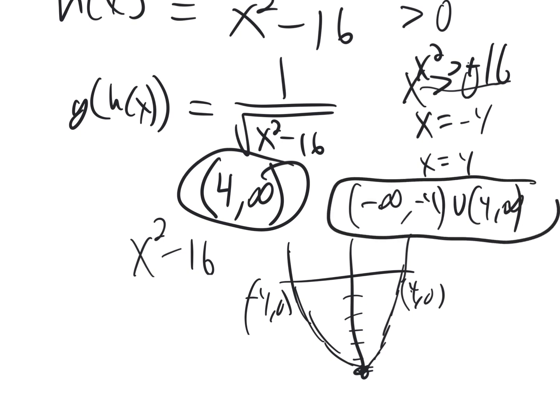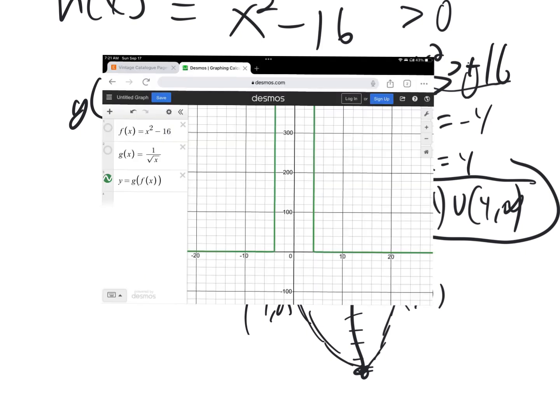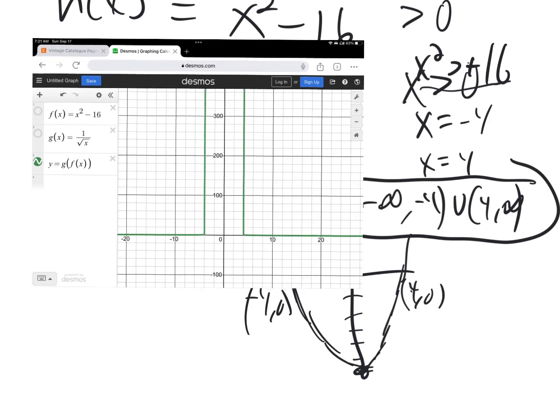I suspect that's going to be the answer. When I graph the composite function on Desmos, it does agree with my second decision that the domain is -infinity to -4 and 4 to infinity.